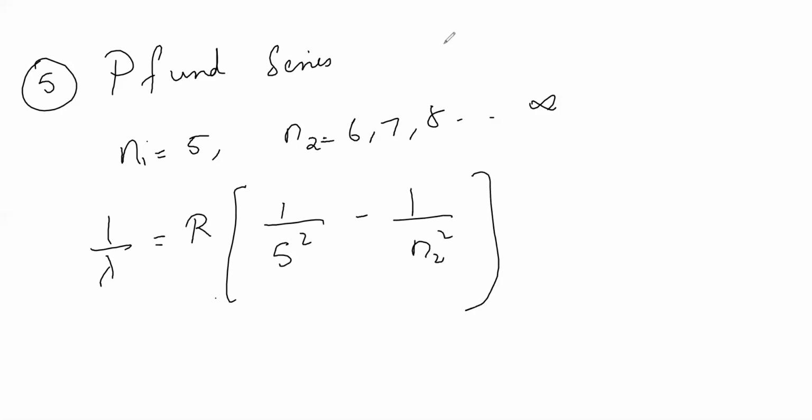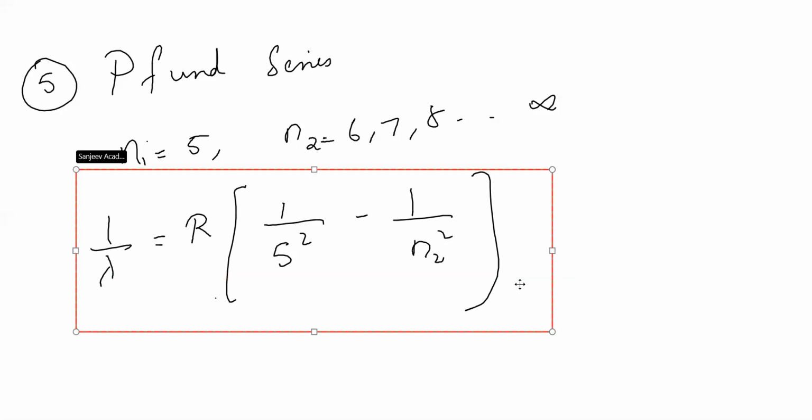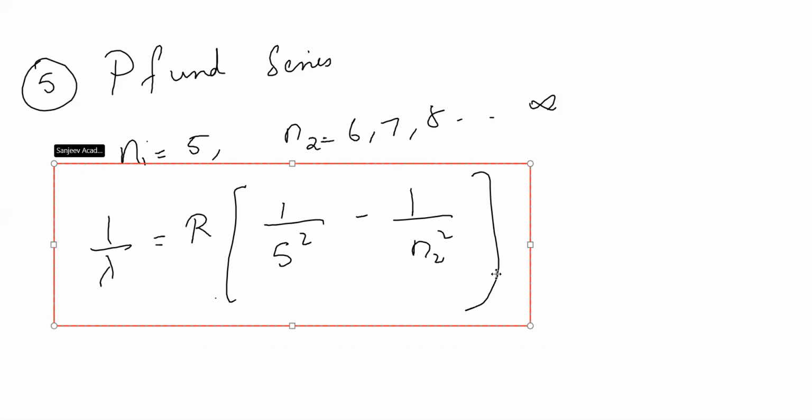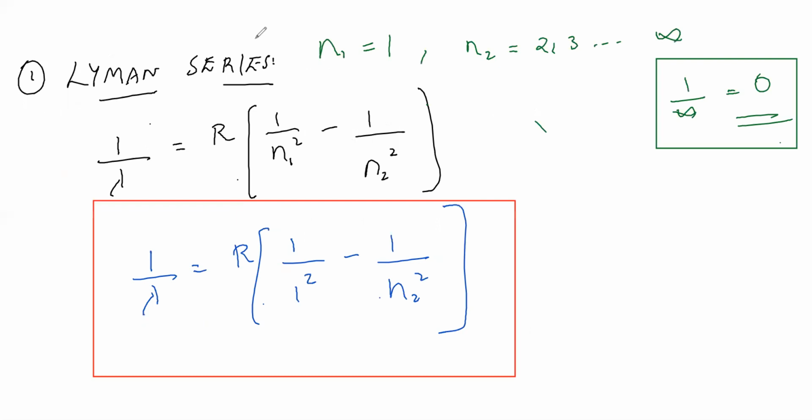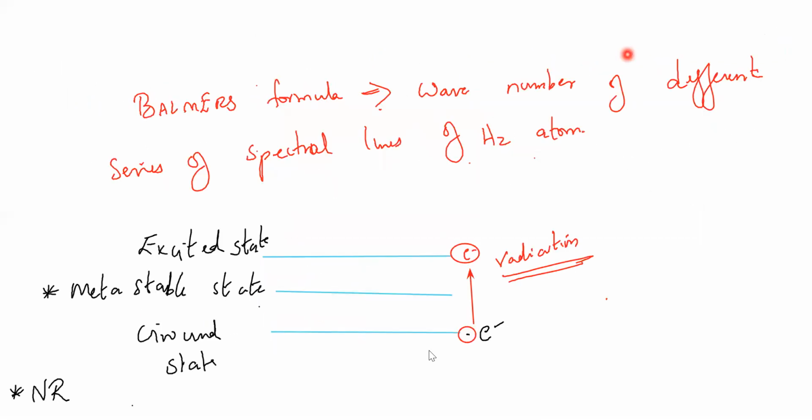So guys, I'm only going to do those things which will come for your board exam or entrance. I'm not going to do any other extra questions. Fine. If I just want to compare, let's take this Lyman series. Here n1 will be equal to 1.